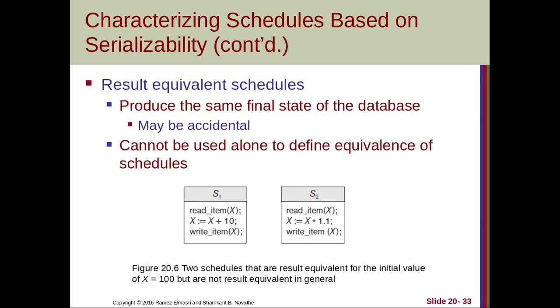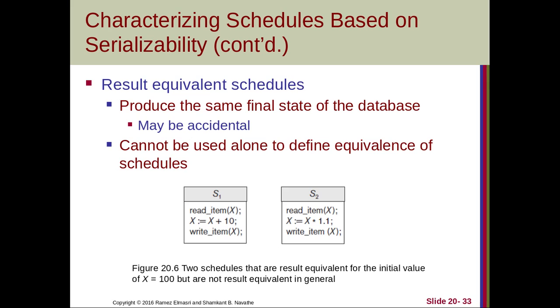Result equivalent schedules produce the same final state of the database, which may be accidental. For example, this cannot be used alone to define equivalence of schedules. Suppose that you have two schedules S1 and S2. If you do S1 followed by S2 or S2 followed by S1, if the initial value of X is 100, then it will give the same result, because X = X + 10 means 100 + 10 is 110.